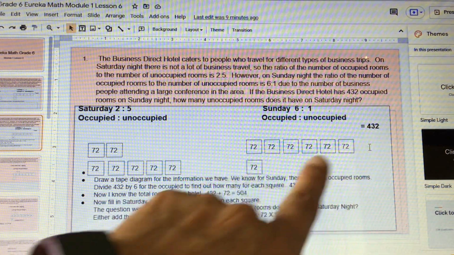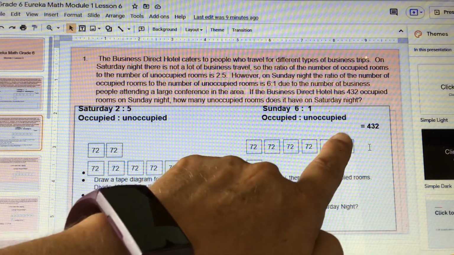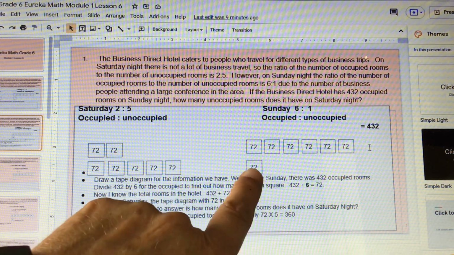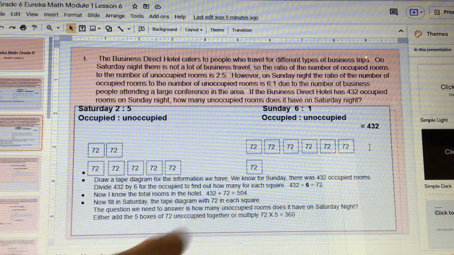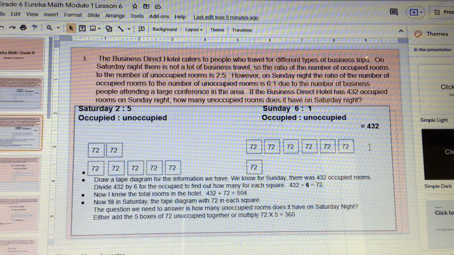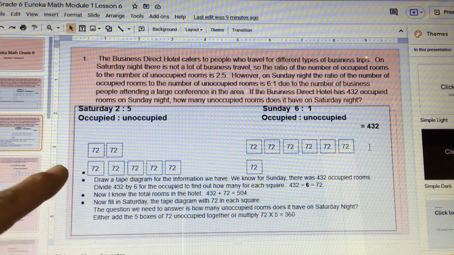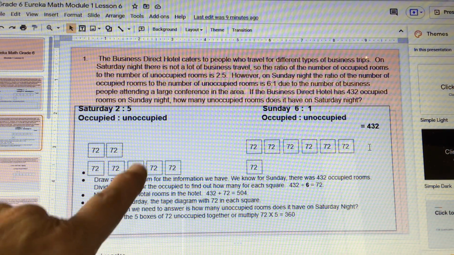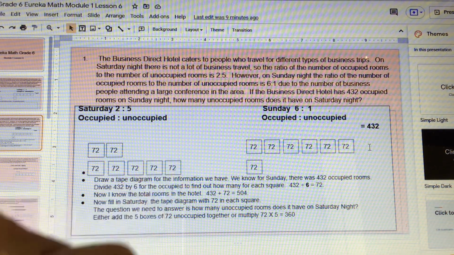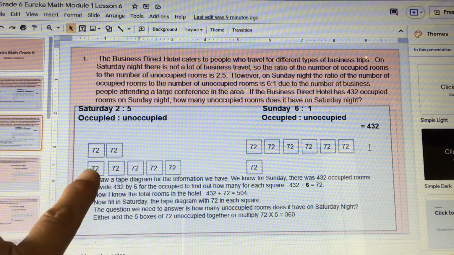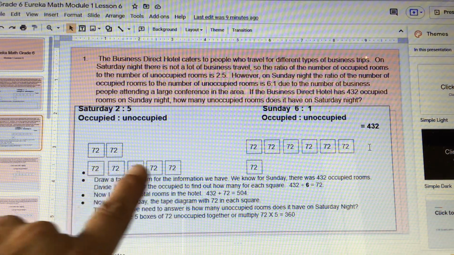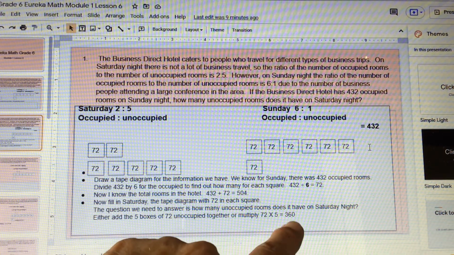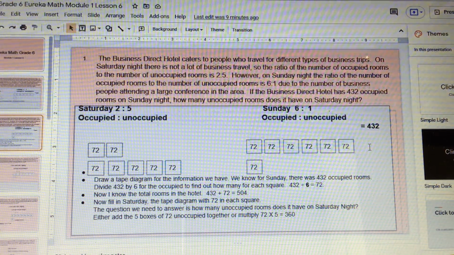If I add the 432 plus the 72, that's the occupied and the unoccupied, that would give me the total. The question we need to answer is how many unoccupied rooms does it have on Saturday night? Unoccupied here, so I would have to either add 72 plus 72 plus 72 plus 72 plus 72, or I could just multiply 72 times 5 to find out the unoccupied, which would be 360.